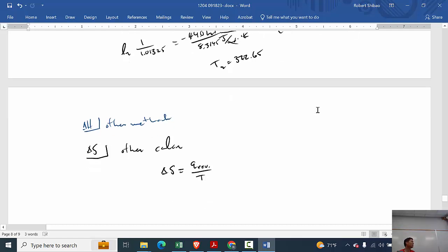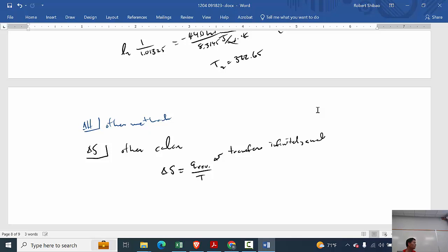When you see reversible, that means the heat is transferred in infinitesimally small amounts. In other words, it's transferred infinitesimally slowly.